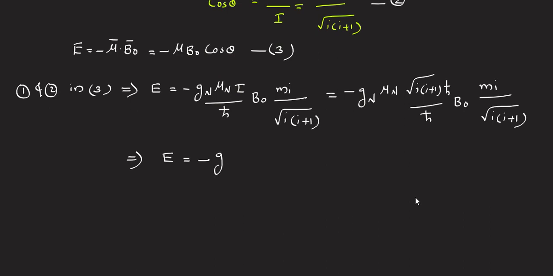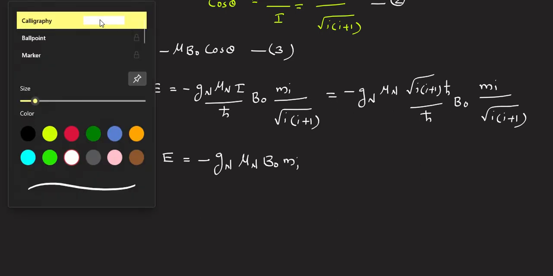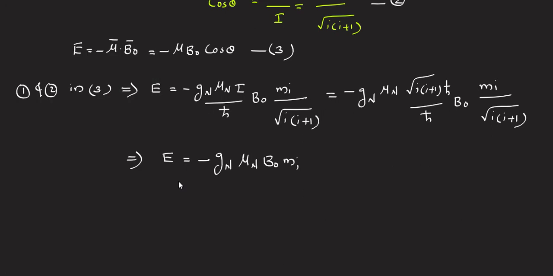Minus Gn mu n B0 mi. This is the expression for interaction energy, the interaction energy of a nucleus that is placed in an external magnetic field.